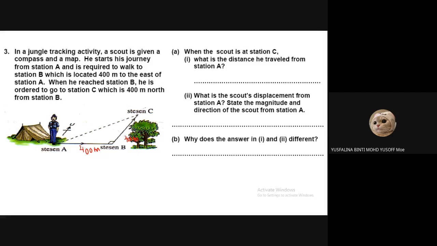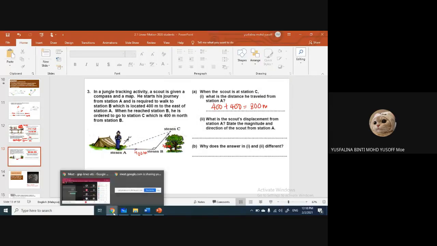So what is the distance traveled from station A? So 400 plus 400. Okay, very good. Thank you for your response. Then the next question.